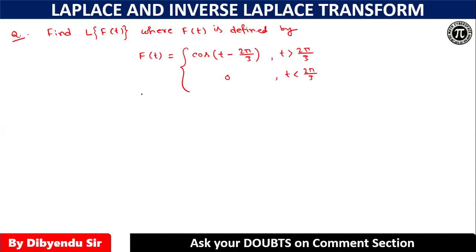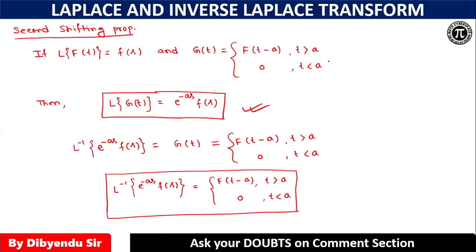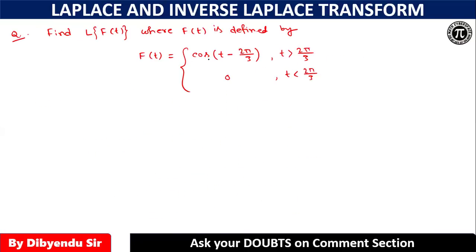Actually, if you compare this problem with the given formula, you can see that this function is our g of t function. Yes or no? g of t equals f of t minus a when t is greater than a, and 0 when t is less than a.